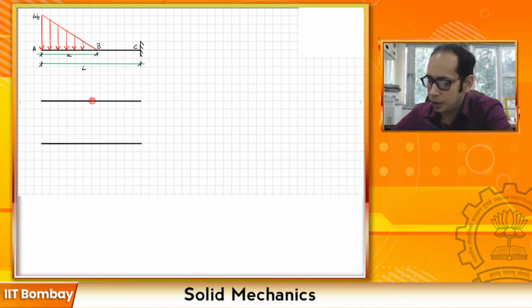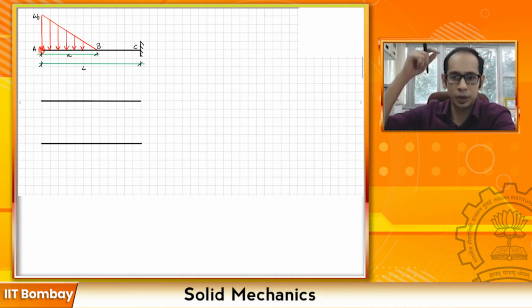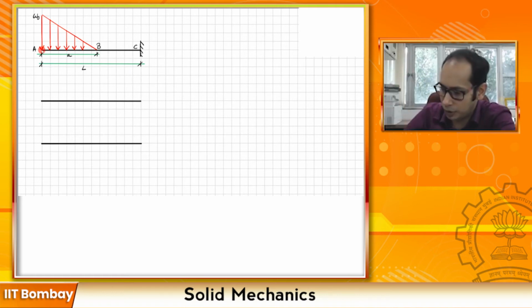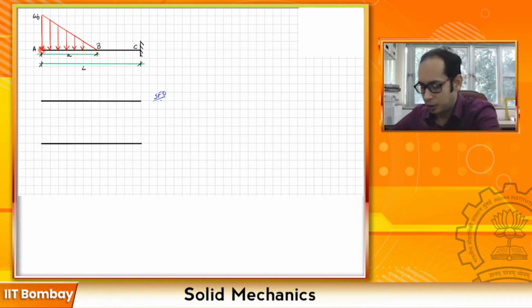Just by looking at the problem, you see at the very end over here there is no concentrated load, so your shear force at that particular point is going to be 0. So this is my SFD, and just for convenience of drawing, let me draw the guidelines.